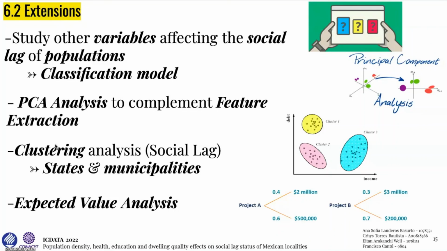Implement a PCA analysis to complement future extraction. Likewise, as we studied localities, it would be interesting to perform analysis of grouping states and municipalities according to their social lag to find new insights and trends. And finally, it could be really interesting to implement the expected value analysis.